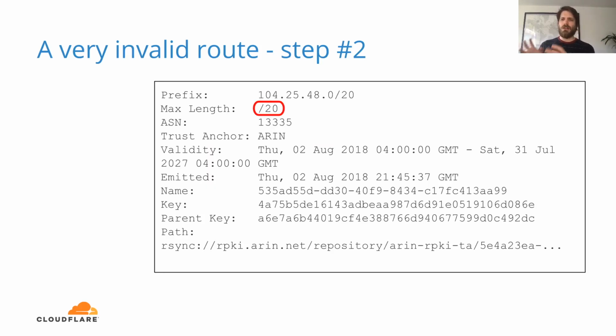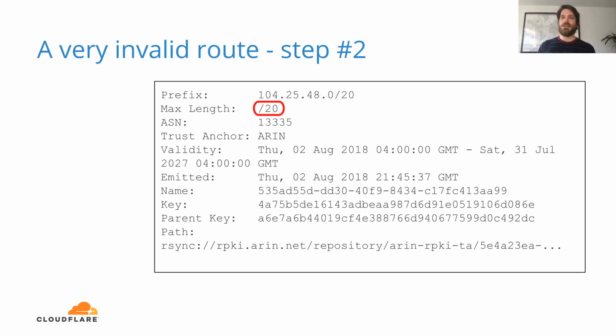So if you again look at the ROA that Cloudflare signed for their prefixes, you'll notice that that prefix is signed for a /20. And one of the things that an ROA also allows is to sign it for a max length. In this case, we have signed it for a max length of /20.